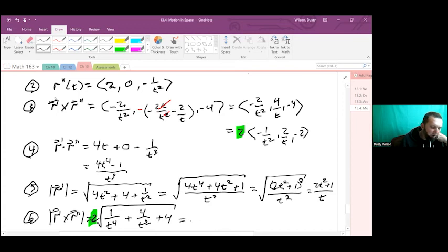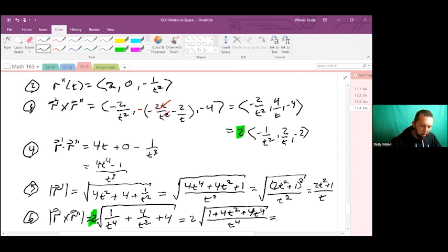Common denominator of t to the fourth. So I have 2 times root 1 plus 4t squared plus 4t to the fourth over t to the fourth, which would be 2 times root. It's a perfect square in the numerator, so we have 1 plus 2t squared, squared over t to the fourth.